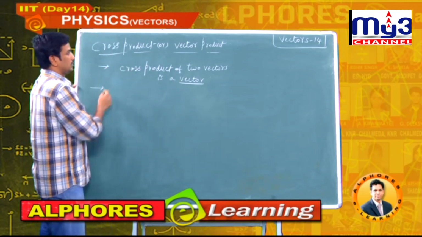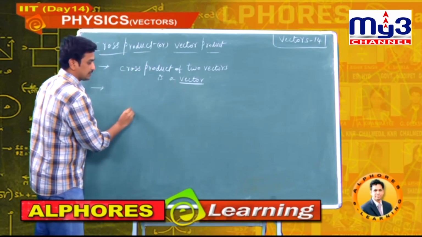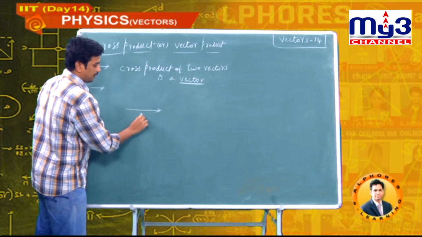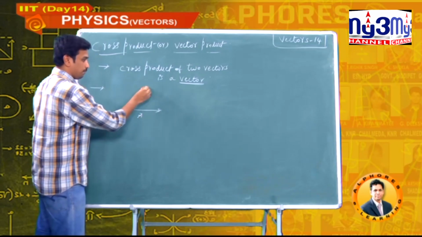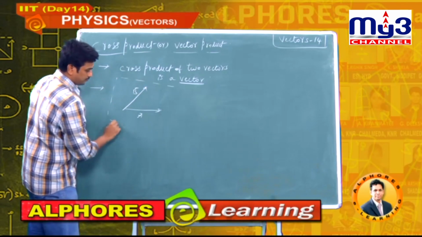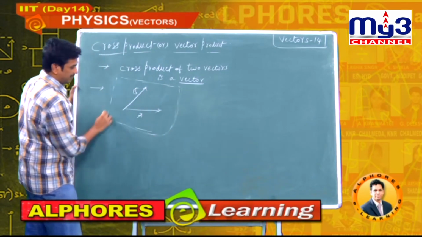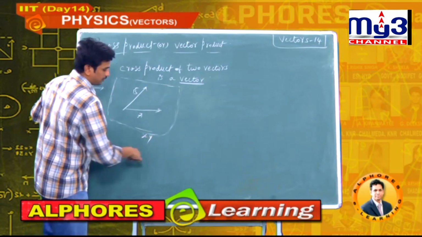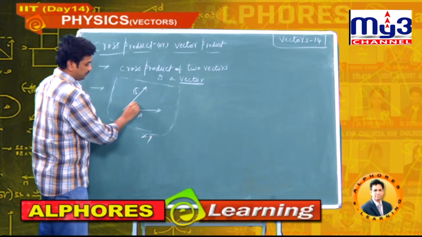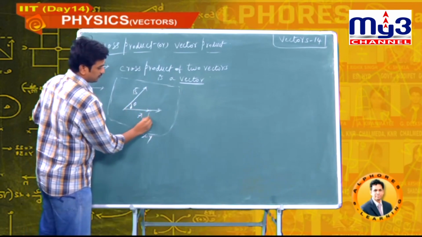Now here the cross product meaning: A bar and B bar, everything in one plane, something you can call the xy plane, with angle theta. The B component along this direction is B cos theta.